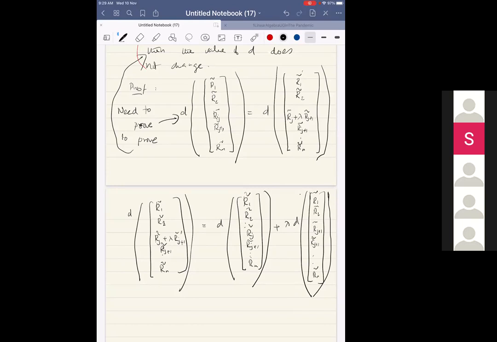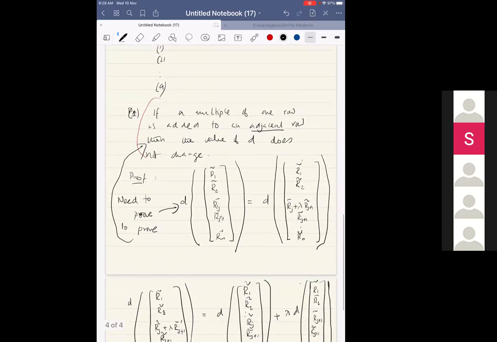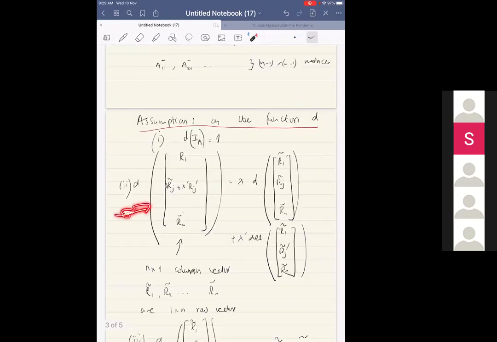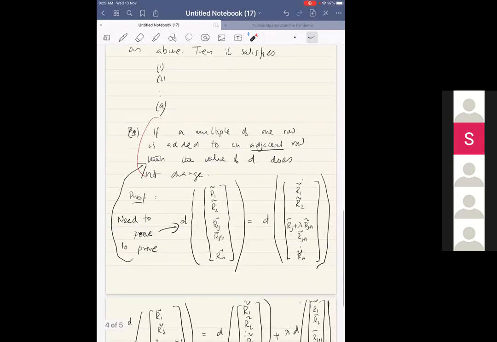This follows from this. I'm using this with lambda equal to 1. So this is actually lambda prime.